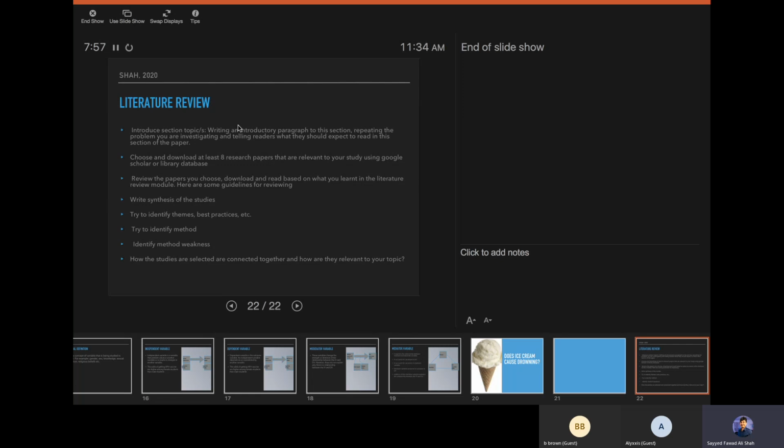So Alexis can start with a narrative. So write your literature review as a narrative, as if you are telling a story, but then provide references.